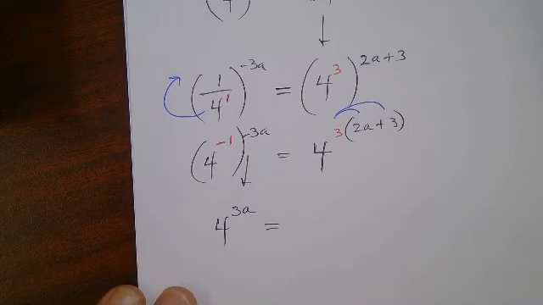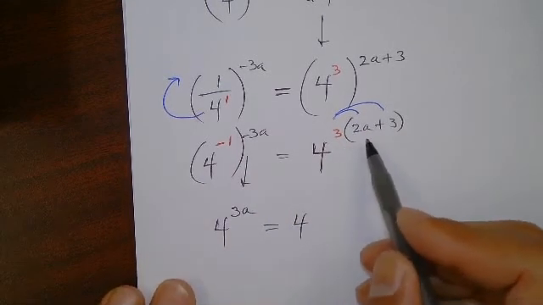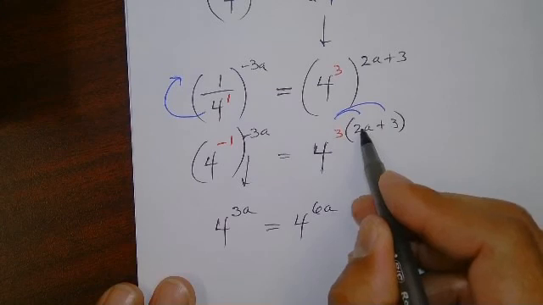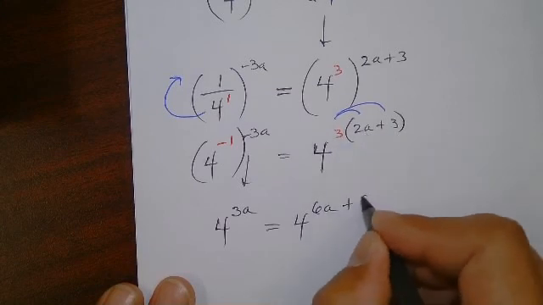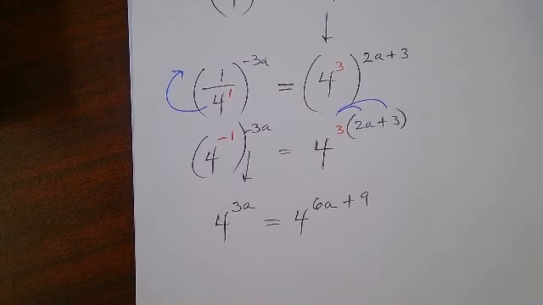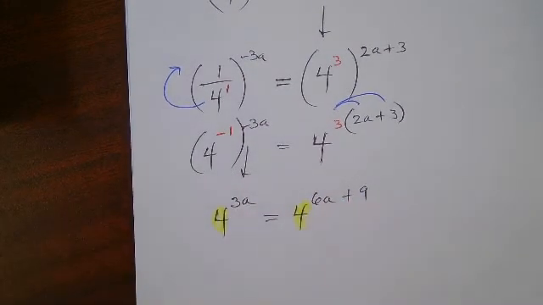So what is that going to give you? 4 to the power of positive 3a is equal to 4 to the power, and now I'm going to distribute this. This is going to be 6a. 3 times 2a is 6a, and 3 times 3 is 9.